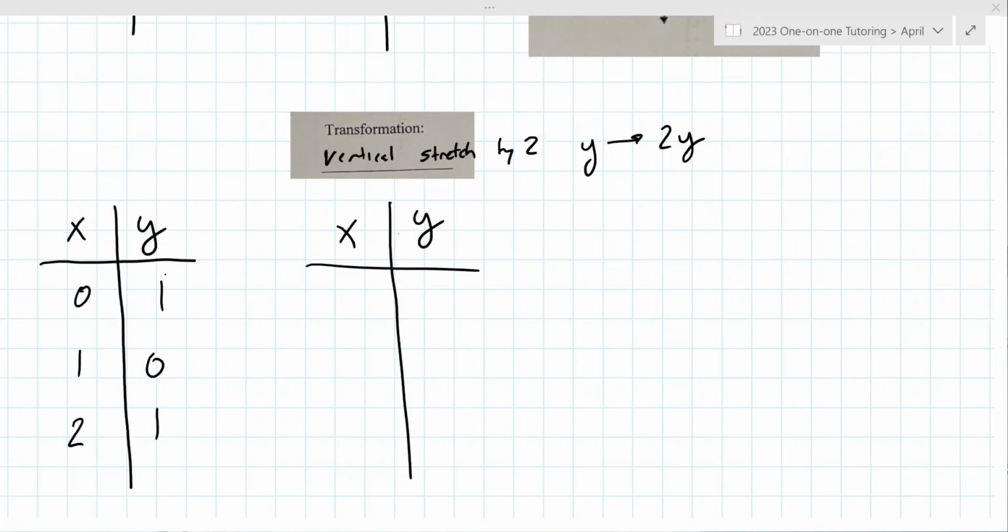Sourish, is it clear what I'm asking you to do? Yes, vertical stretch by 2, like add 1 plus 2. That's not what I said. That's what I got from the Y values.